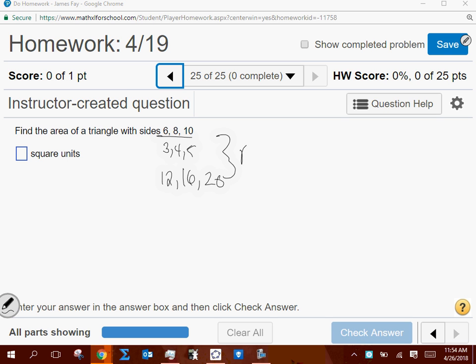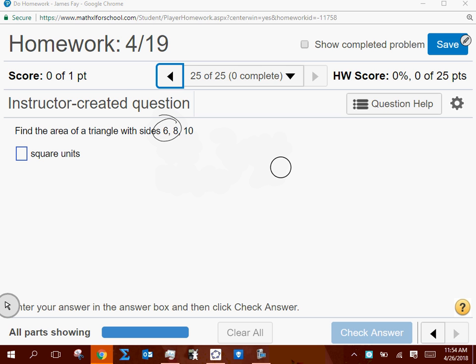These are all right triangles. So if those are all right triangles, which ones have to be B and H? 6 and 8. Those are the only ones that can be B and H, because those are the only ones that are altitudes. The largest one has to be the hypotenuse. So you take 1/2 times 6 times 8, and there's your area of that.